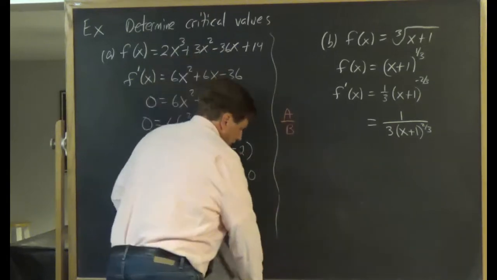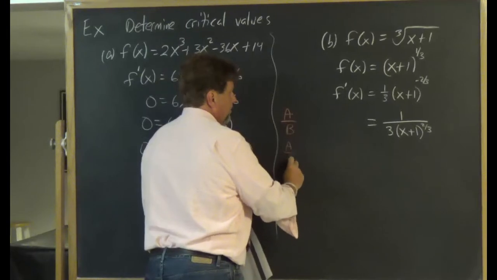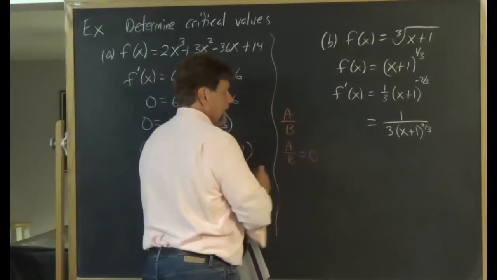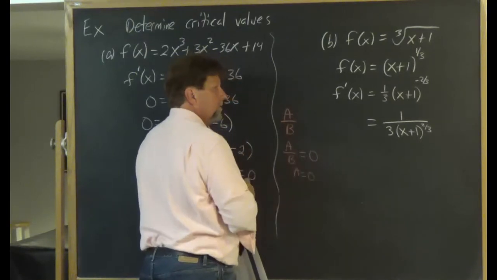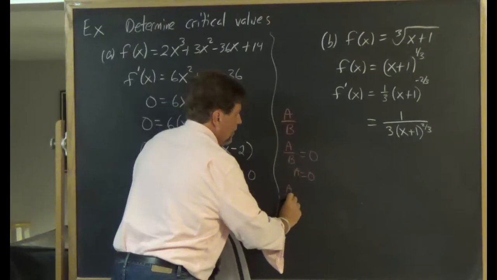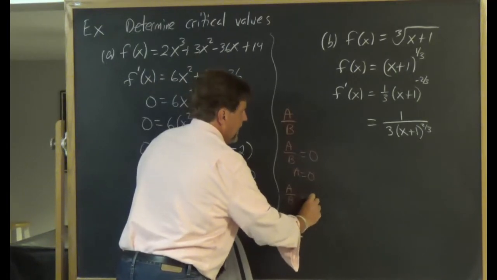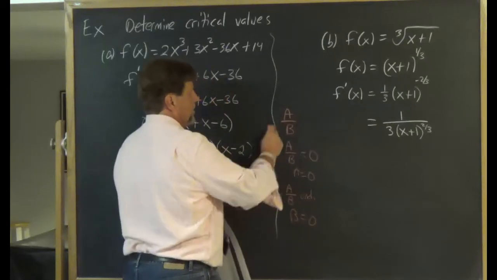For any fraction you can think of, a over b, for a over b to equal 0, the numerator has to be 0. For any fraction a over b to be undefined, the denominator must be 0.